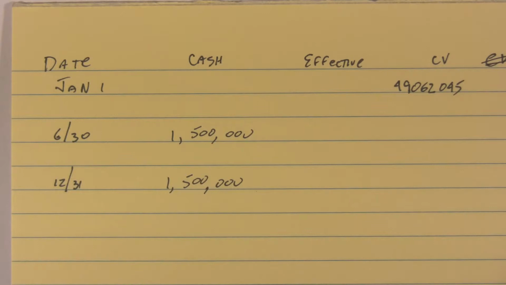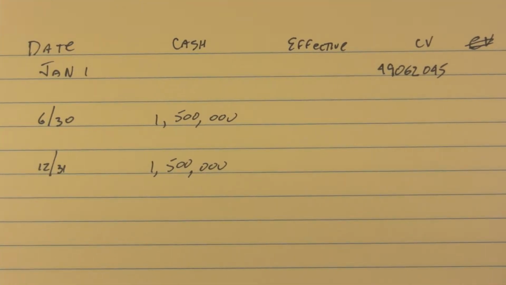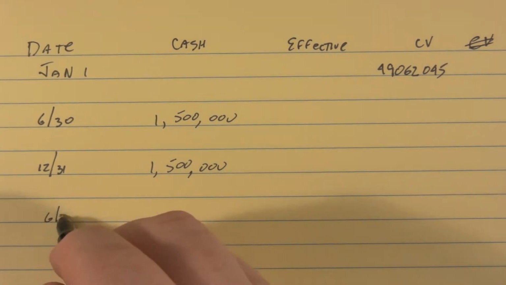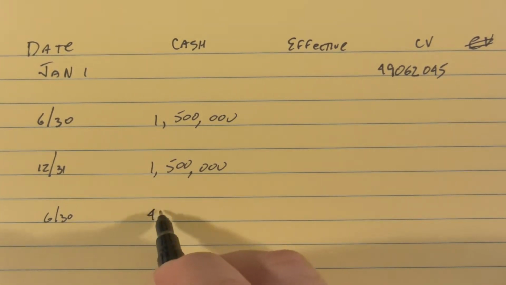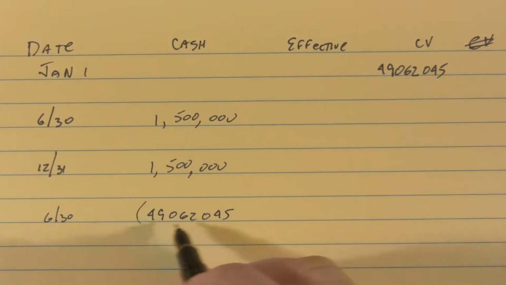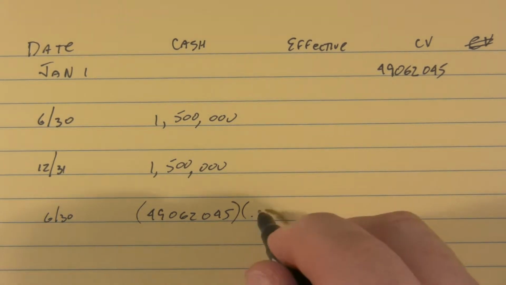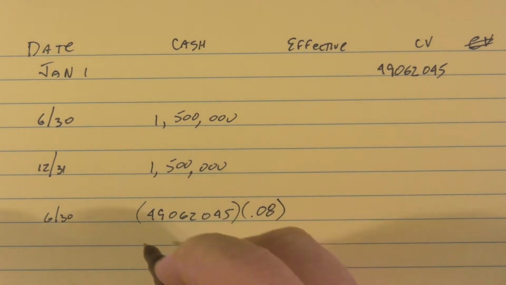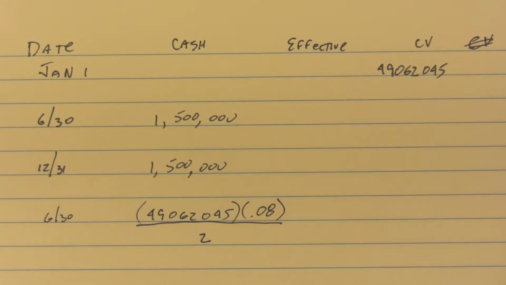Now we have to figure out the effective interest for 6/30. It's the carrying value, 49,062,045, times 8%, since they were sold to yield 8%, and that whole amount is divided by 2.